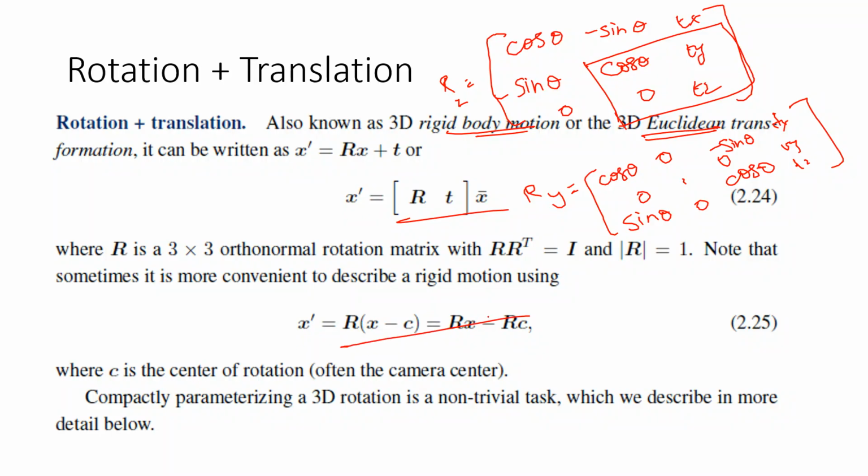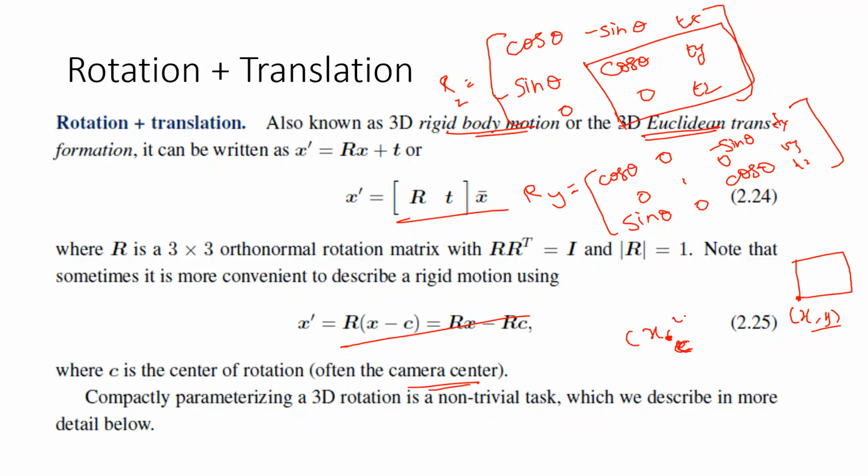And if you want to perform rotation about the camera center, if you want to consider the camera center as the origin, then we are going to represent the point as c. So the object may be anywhere. So let us assume the coordinate object is this, and the camera is here, and based on this camera center, if I want to perform rotation, means I have to move this point to this point, right?